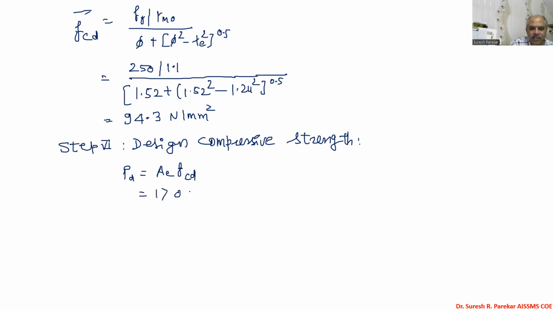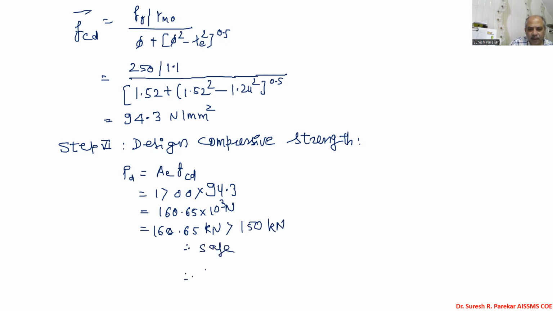A_e we have 1700, FCD we have 94.3. From this we get 160.65 into 10 raised to 3 Newton, equal to 160.65 kilonewton, greater than factored load 150 kilonewton, and therefore safe. Therefore provide angle 90, 90, 10 millimeters.